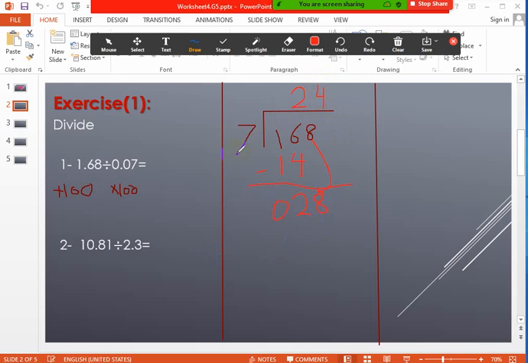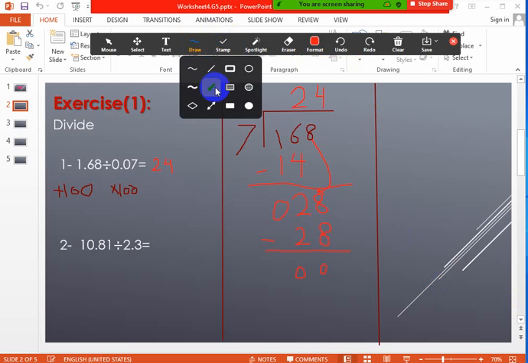Now 4 multiplied by 7 equals 28. Subtract: 0, 0. So the answer for this division equals 24. Very good. Thank you, Sheikha.